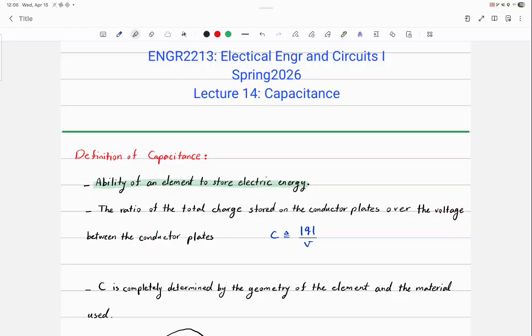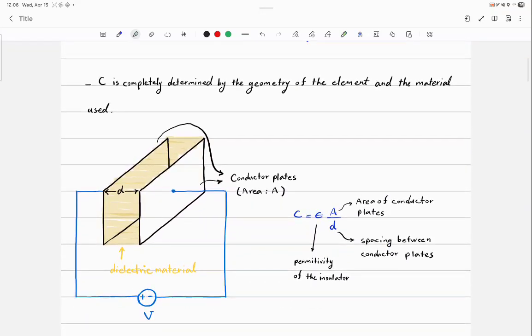So the ratio of total charge divided by the voltage will give you the capacitance. Now, if you are already familiar with capacitors, you know that the most basic form of a capacitor is two conductor plates, as you can see, with area A, and some insulating material between them, usually called a dielectric.